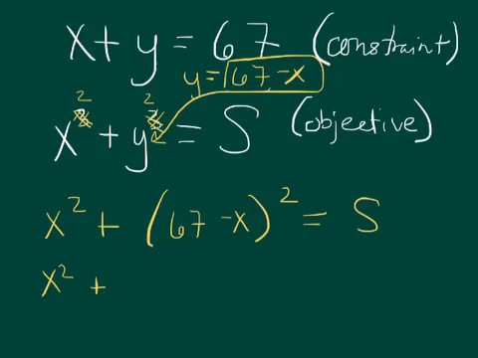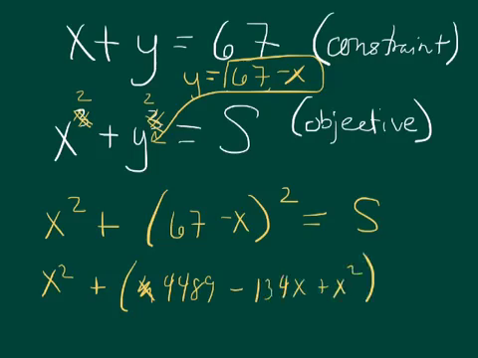Now, somebody quickly tell me, Ryan, what do you get from 67 times 67 on your calculator? Okay, so if we FOIL this out, we get 4489 minus 134x, which is the middle term, 67x and 67x, plus positive x squared.